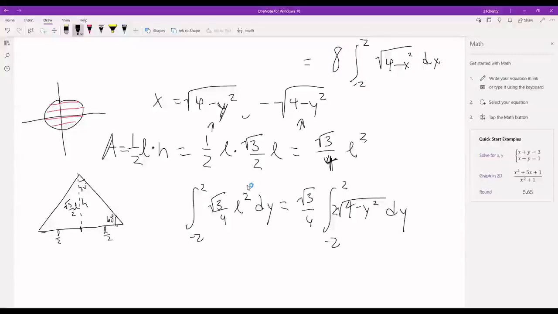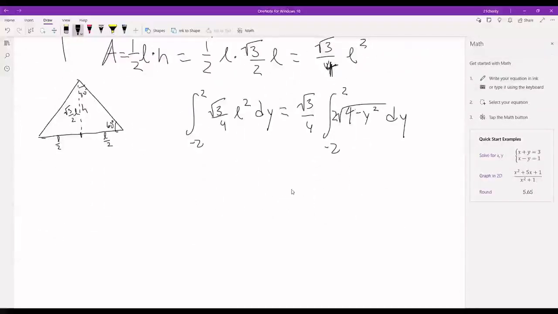You can factor out the 2. And you get this. Oh, and it's squared. Yeah, it's all squared.